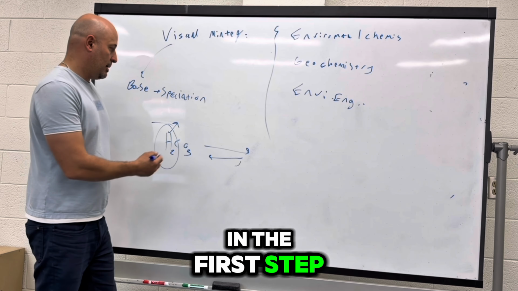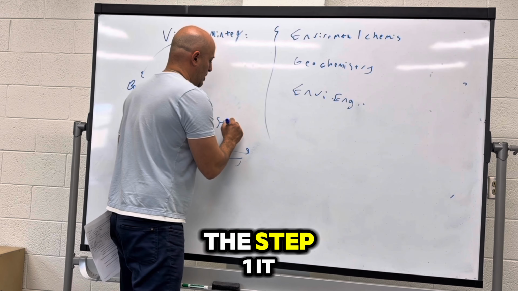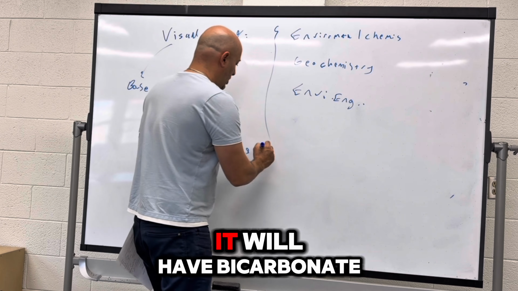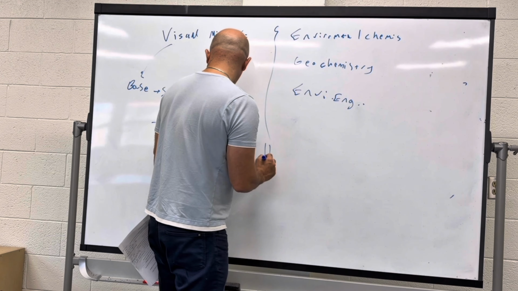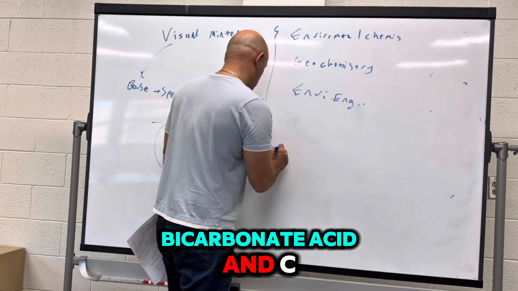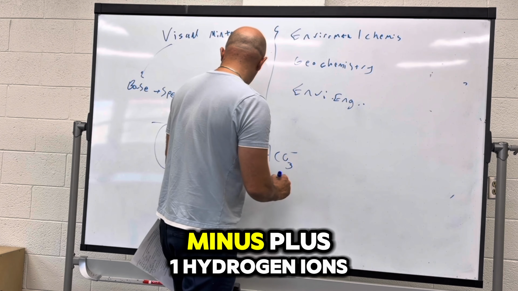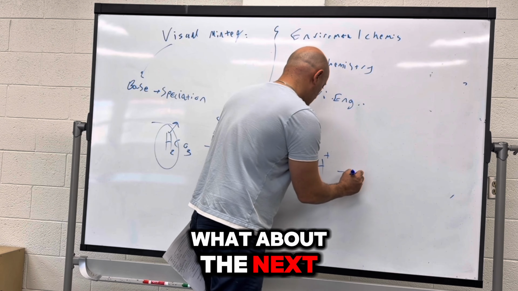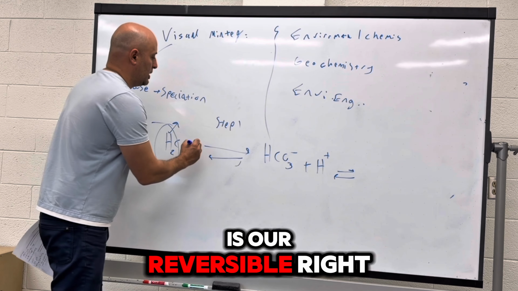In the first step, step 1, we will lose one hydrogen, right? We will have bicarbonate, HCO3 minus, plus 1 hydrogen ion. What about the next step? These are reversible, right?